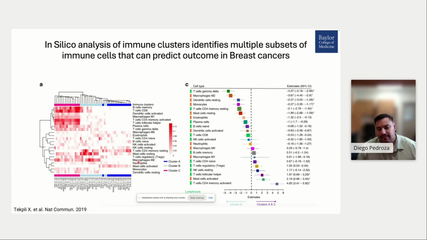At the time, the nomenclature was just to call them M1 and M2. Cluster B also clusters with gamma delta T cells, which carry a worse prognosis relative to patients with high T cell abundance, who do better in treatment response.